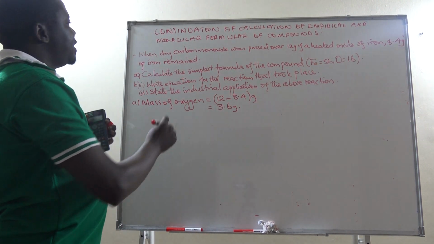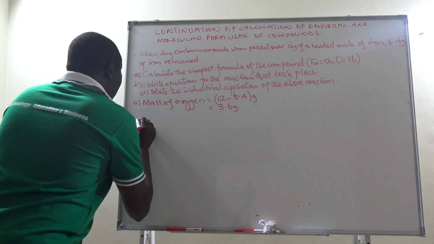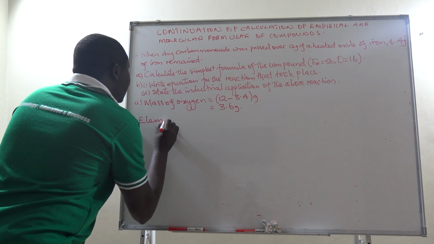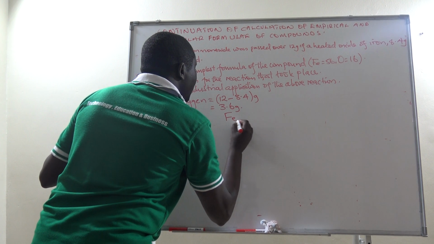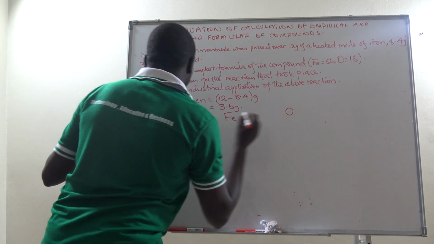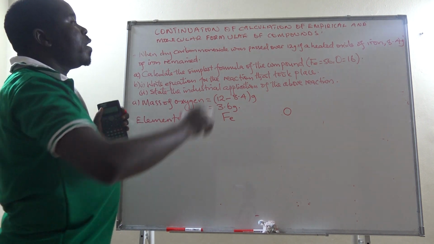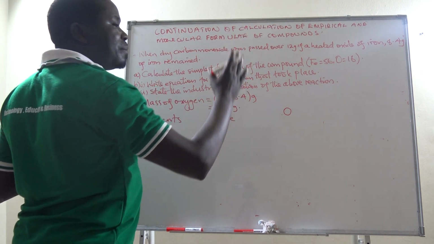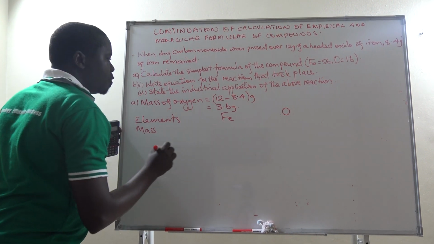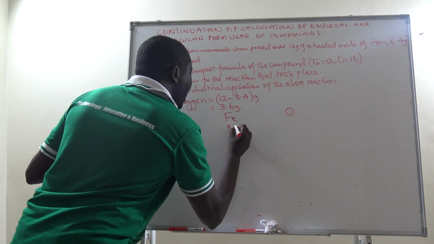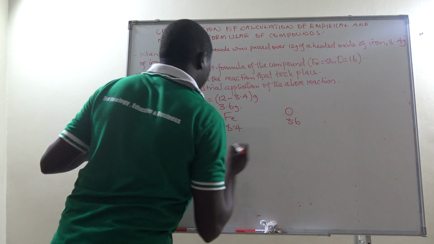Now let us calculate the simplest formula using the method that we have seen earlier. We shall start with the elements found in this compound. The elements are iron and oxygen. Instead of percentage composition, we are now going to deal with the mass of each element directly. The mass of iron is 8.4, that of oxygen is 3.6.